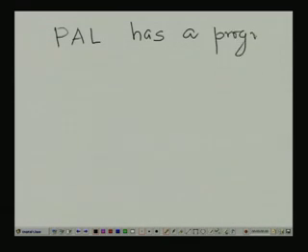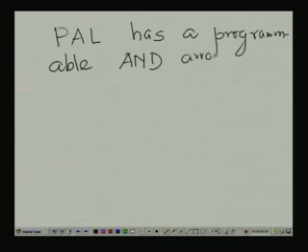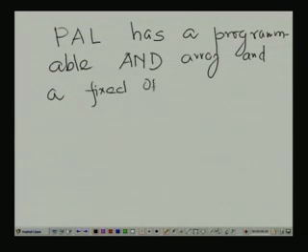it is totally different, reverse. The PAL, or programmable array logic, has a programmable AND array and a fixed OR array.